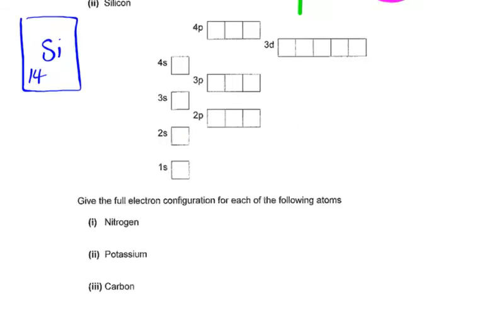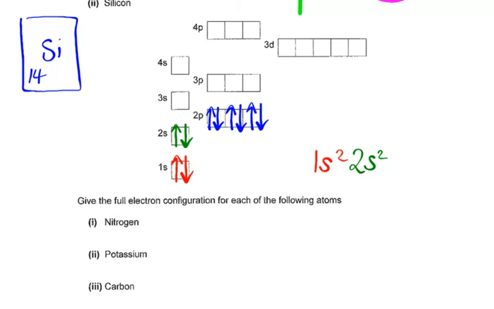Let's do the same, but now for silicon, 14 electrons. So that's 1s2, 2s2. We can fill the 2p subshell. So that's 2p6, that's 10 electrons that we've used so far.